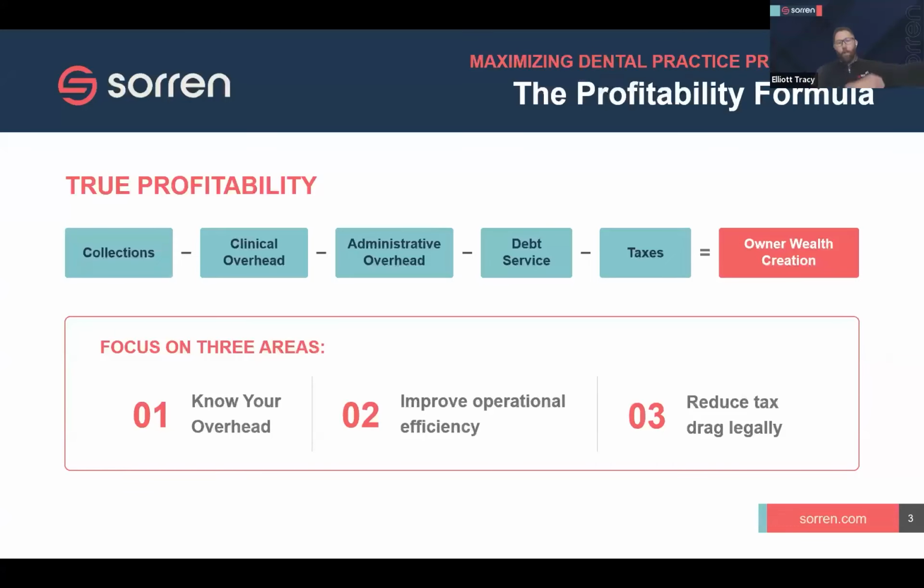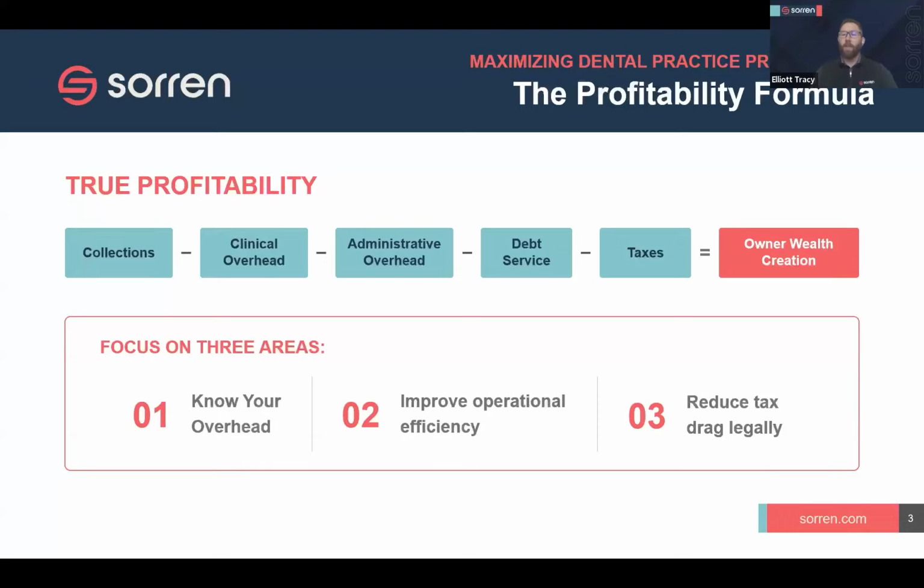So what is true profitability? Profitability is your collections minus your clinical overhead, minus your administrative overhead, debt service, and then taxes. That's truly the cash flow that you're generating in the practice. I've seen a lot of financials over my years of doing this, 15 plus years working with dentists.